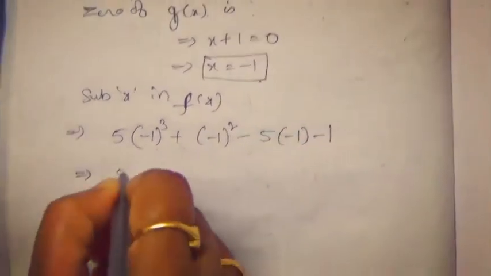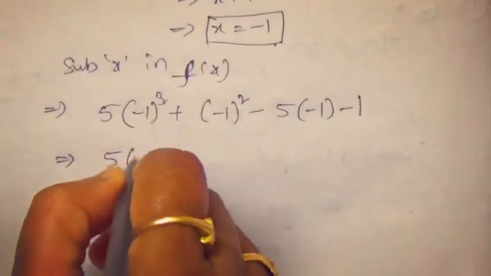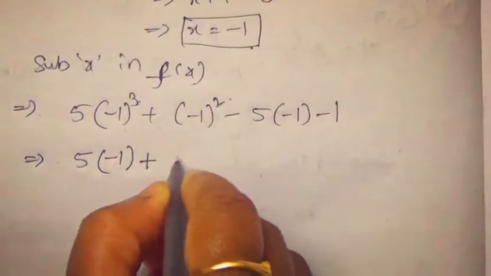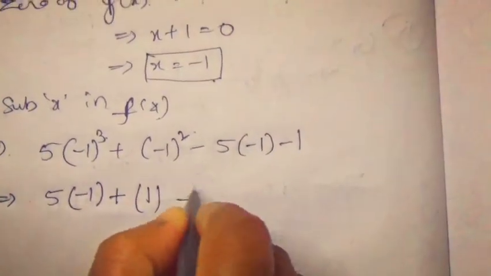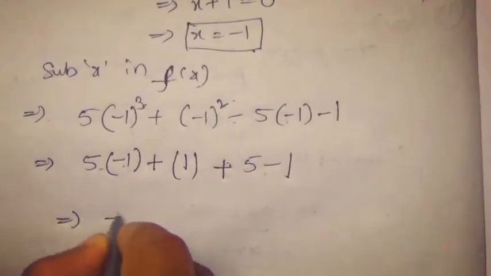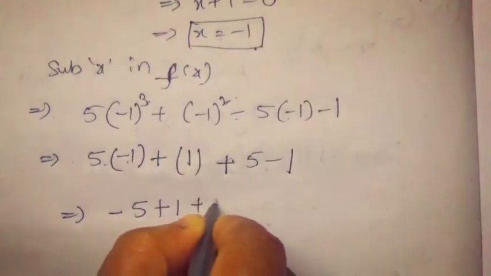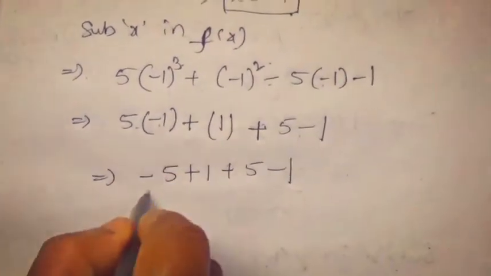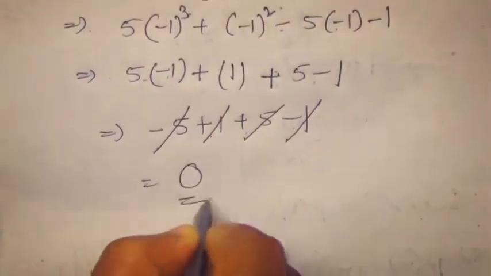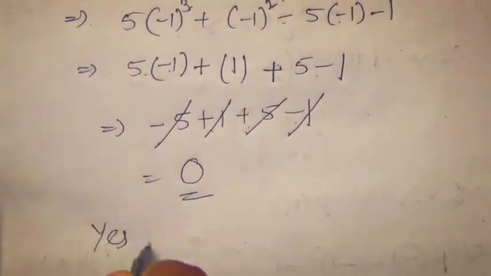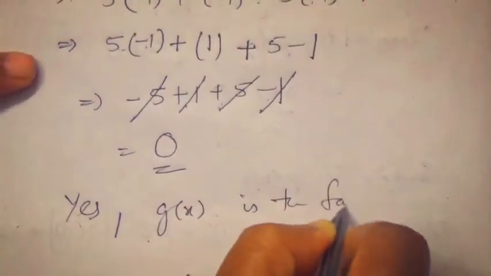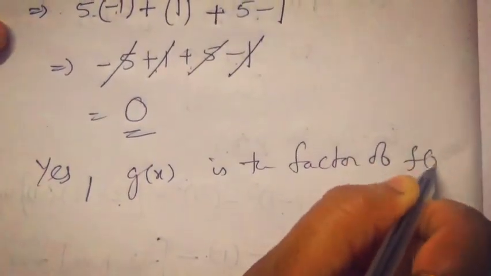That implies 5 of cube is there, minus 1, plus square is there, so it is an even number, hence it becomes 1. Minus of minus plus 5 minus 1, that is equal to minus 5 plus 1 plus 5 minus 1. Minus 5 plus 5 cancel, plus 1 minus 1 cancel, that is equal to 0. Yes, g of x is a factor of f of x.